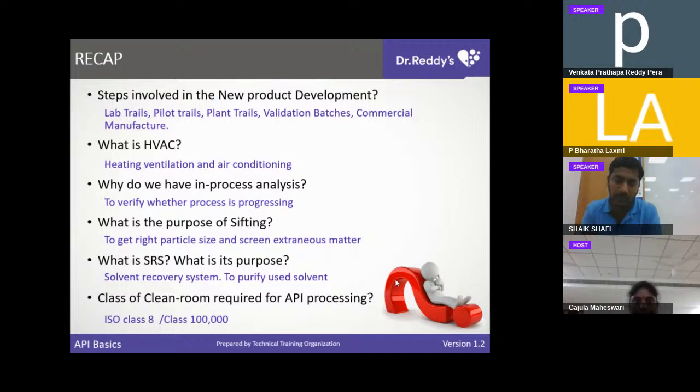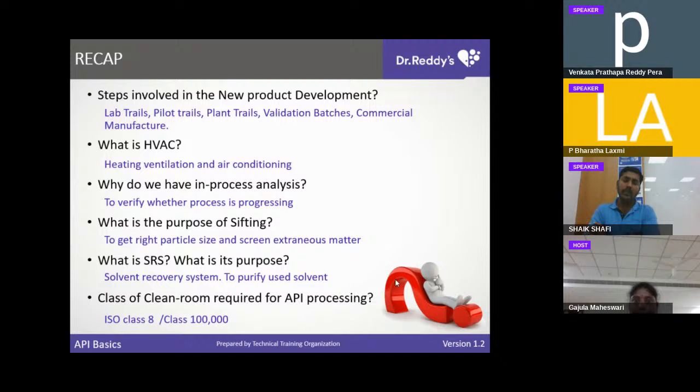During the reaction process, we check whether our process is going smoothly or not, and whether any deviation is happening. With this check, we are able to know whether it's going the right way or wrong. Again, the purpose of sieving: after size reduction we get different sizes, and to harmonize that we do the sieving operation. And the purpose of SRS, the solvent recovery system, is to purify used solvents.